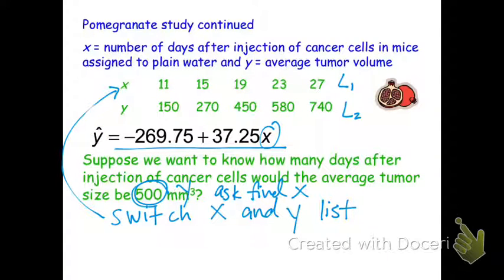But anything that has a hat on it is a predicted value or a predicted variable. And that's the variable that we're solving for. So we don't ever plug into something that has a hat on it. I want you to write that down. Don't plug into a variable with a hat.